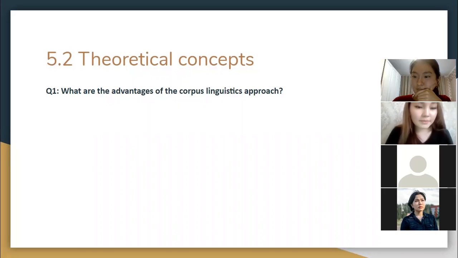Can I add too? Yes. So I think the major advantage of corpus linguistics is the fact that it saves time and energy, right? Because you have all the text electronically, and if you are seeking to observe a certain linguistic phenomenon in a language, and you have to look at a lot of different texts, it's really impossible if you do it manually.